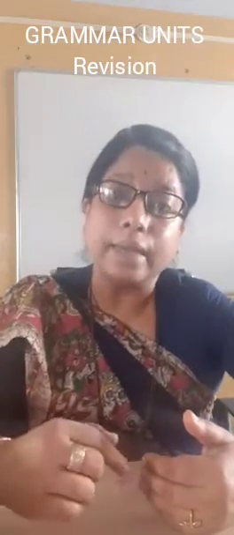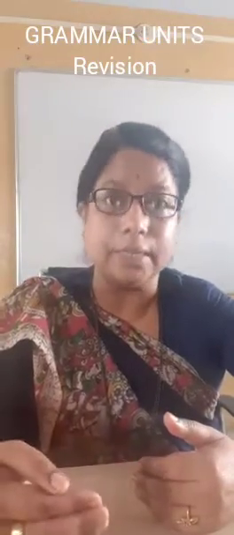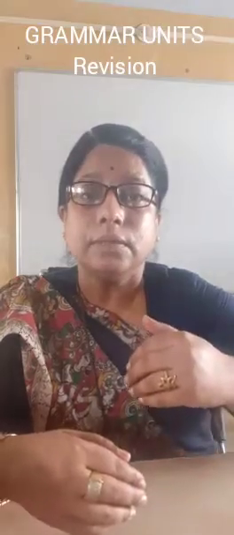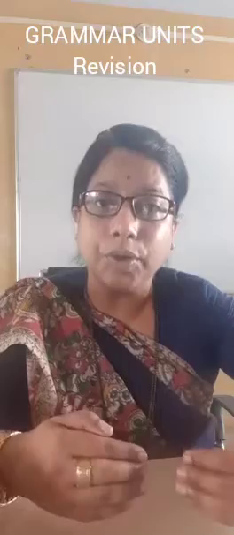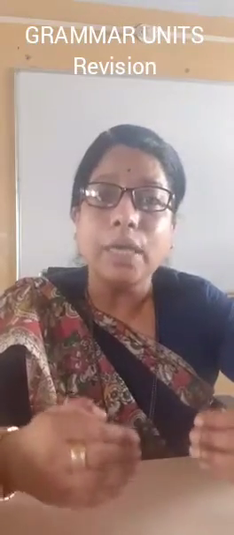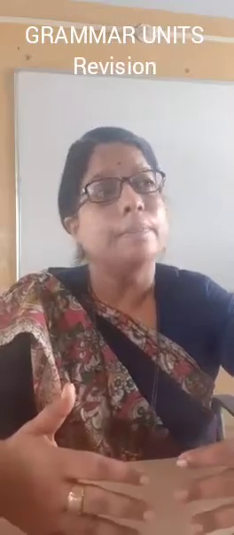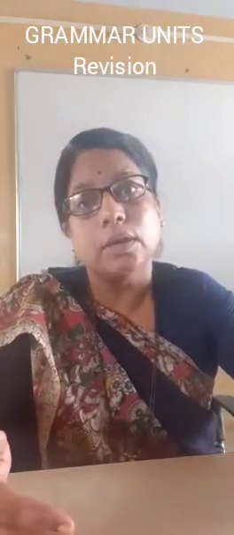Then the second category of the multiple sentences is the compound sentence. Compound sentence means the sentence in which the clauses that are joined together are of equal status. Both clauses are independent clauses, they are main clauses.